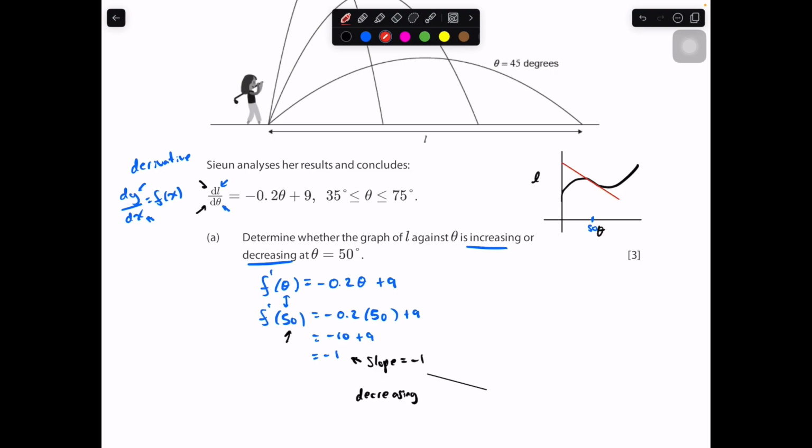That means the slope at this given point, wherever it is, when theta is equal to 50, that m is equal to negative 1. At this particular point, the graph of L against theta is decreasing when theta is equal to 50. Okay.